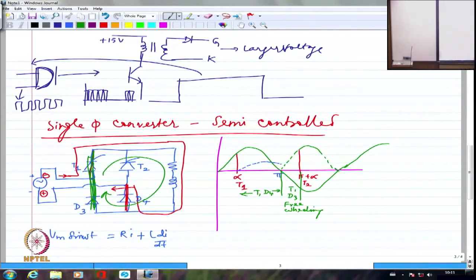Right? Now if you look at, again, the current probably would come down, but not as fast as it was coming down for the fully controlled converter. In the fully controlled converter, this negative portion of the voltage was appearing. That negative portion of the voltage was a huge drain on the inductance stored energy. Please remember, this is still the equation. When I have freewheeling, this will become 0 equal to Ri plus L di/dt if I neglect the drops across the two devices.